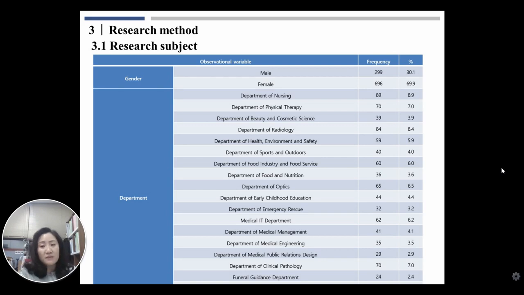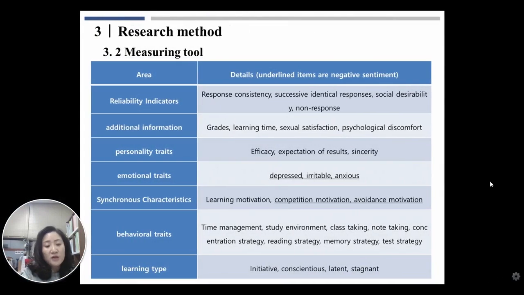in this study. To measure the negative emotion and social desirability of college students, the MRST2 Learning Strategy Test tool for college students was used. This test tool consists of reliability indicator, additional information, personality characteristic, emotional characteristic, motivation characteristic, behavior characteristic, learning time.